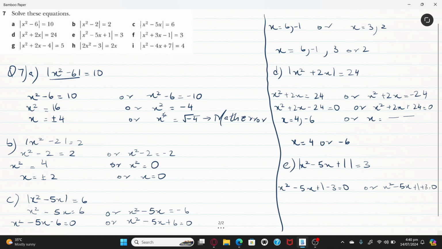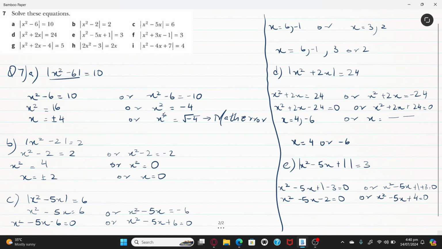If you don't understand, I've expanded this and then switched the side in the same step. So x squared minus 5x plus 1 minus 3 is going to be negative 2 equals 0, or x squared minus 5x plus 4 equals 0. So we take a calculator and input these values: 1, negative 5, and negative 2.